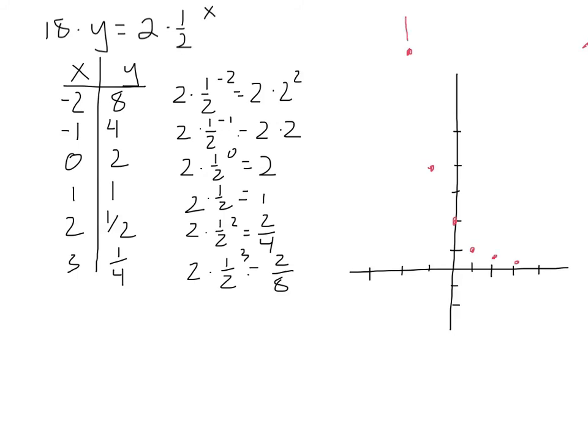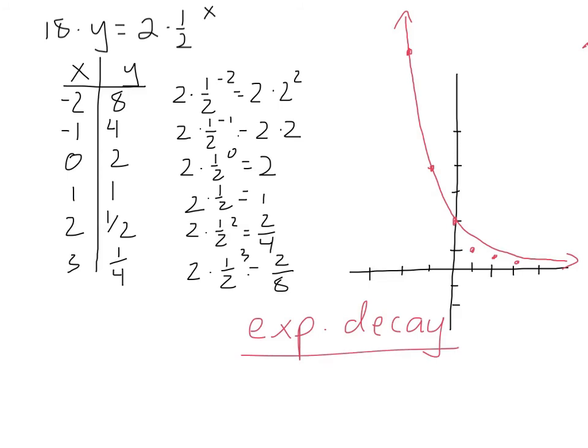So this graph is going to go this general direction, and it's an example of exponential decay, and it's exponential decay because of that 1/2 right there. That number is less than 1, which makes it decay.